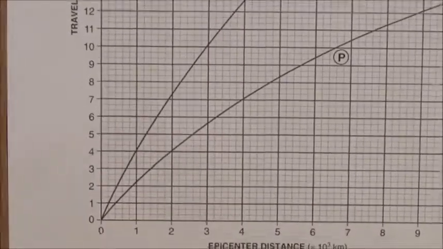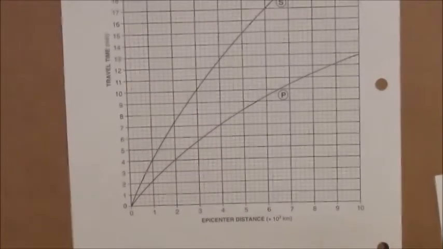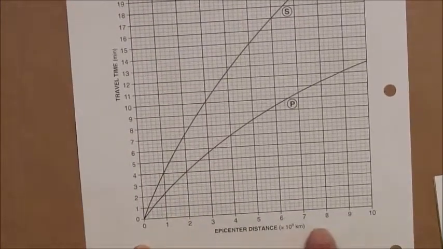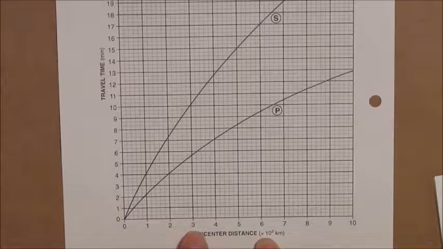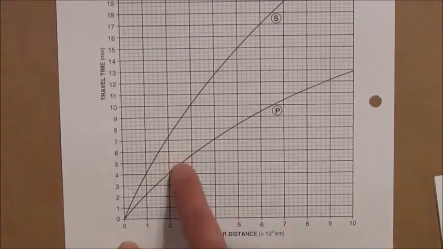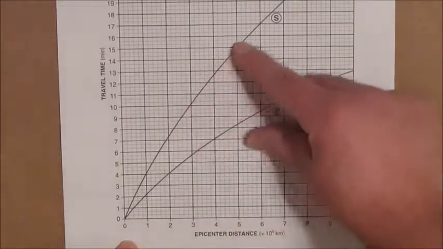Now this is shown in the graph on the second page. As you can see, as the distance away from the epicenter on the x-axis, in times 10 to the third kilometers, so 0, 1,000, 2,000, 3,000 kilometers, as you get further away from the epicenter, the arrival time between the primary wave and the secondary wave gets larger.